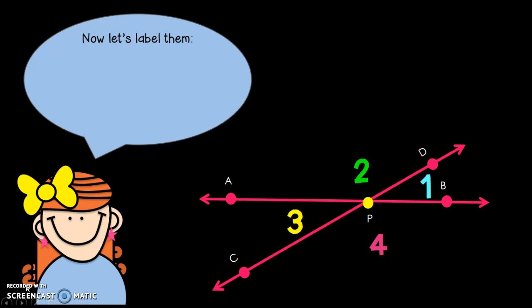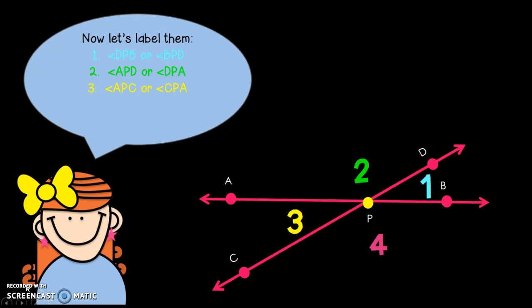Now, let's label them. Angle 1 can be labeled DPB or angle BPD. Angle 2 can be labeled angle APD or angle DPA.